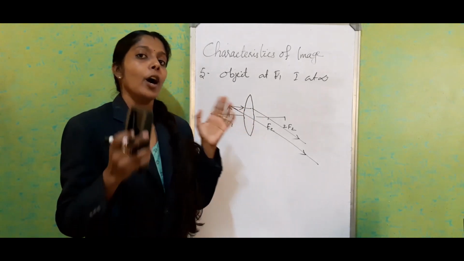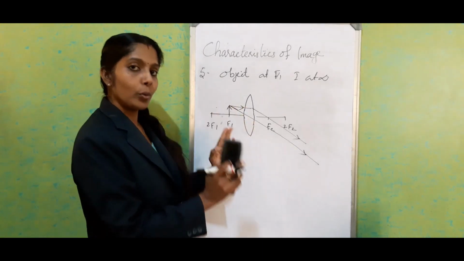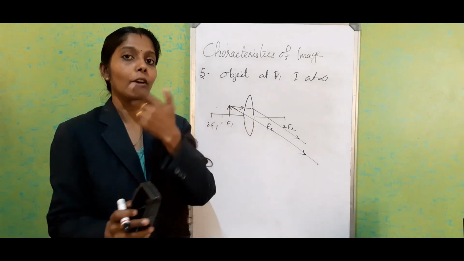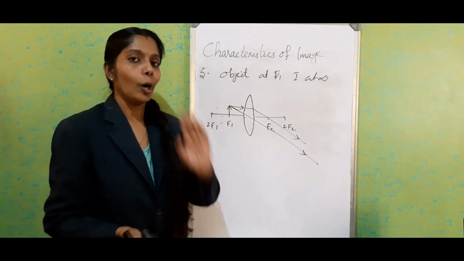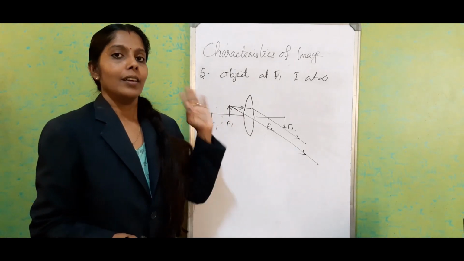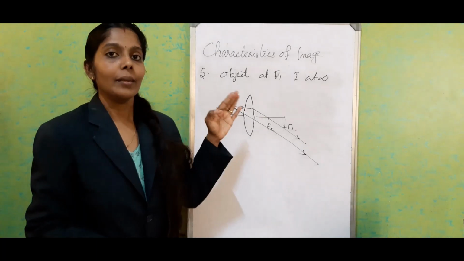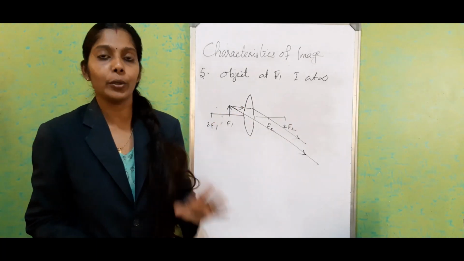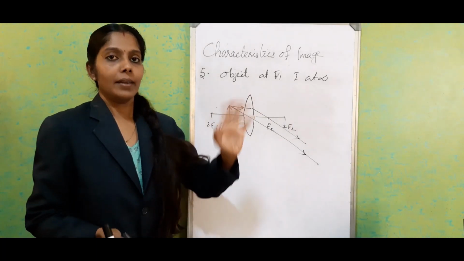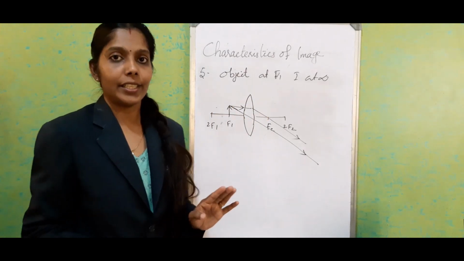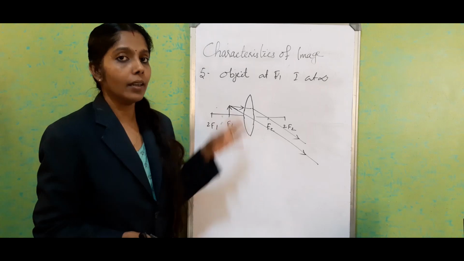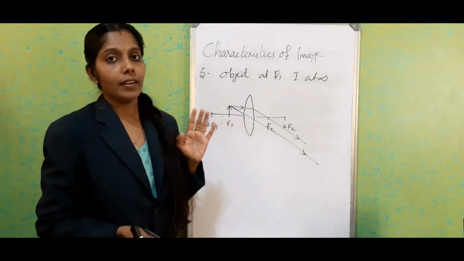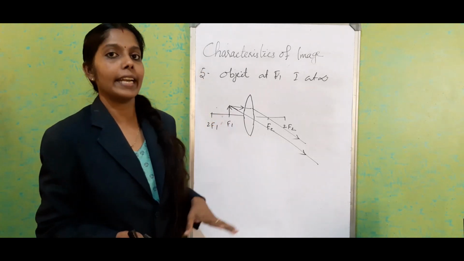Fourth case, object was between 2f1 and f1, we got the image beyond 2f2. Third condition, object at 2f1, image at 2f2, same size but inverted in nature. If we compare like that, it will be easy for you to remember all the 5 sets of image formation and ray diagrams.